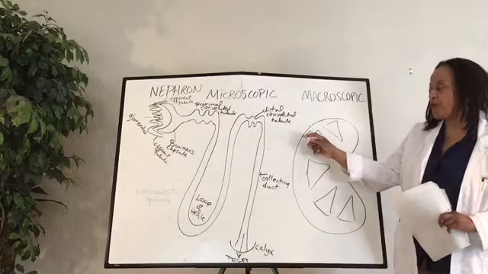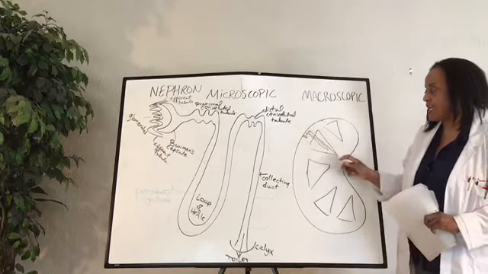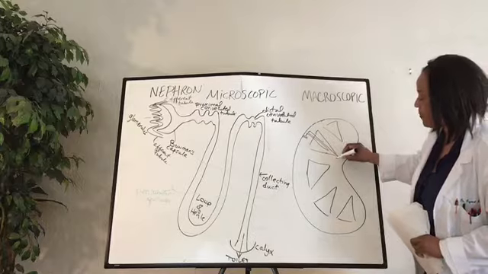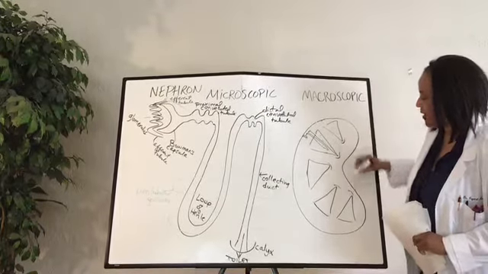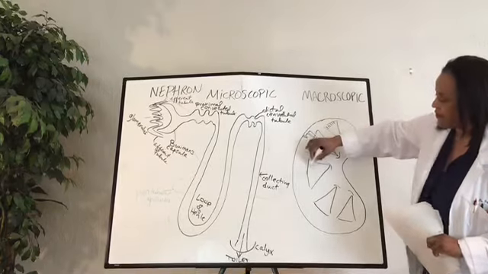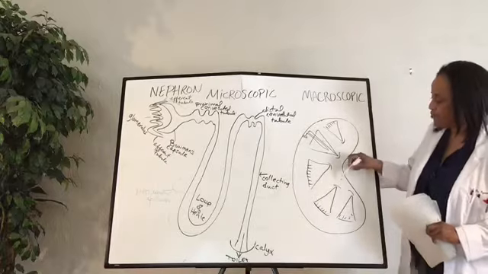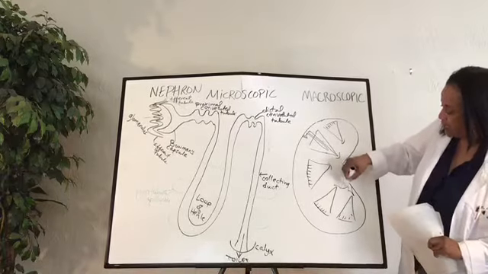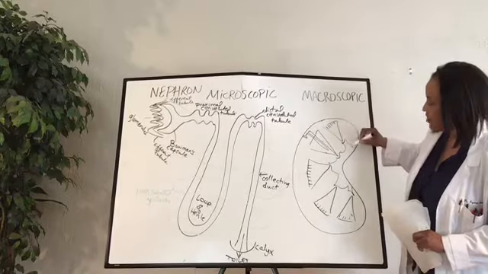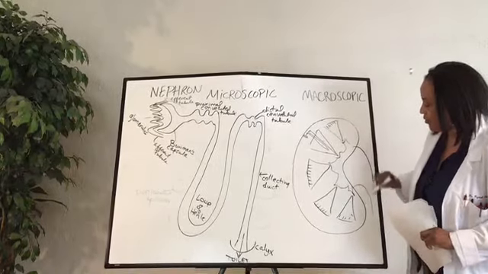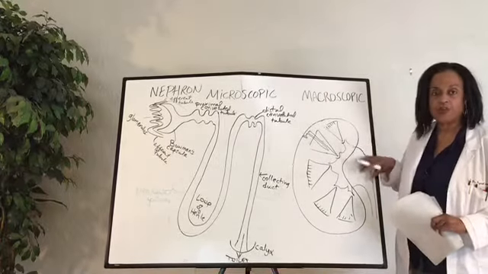Bowman's capsule, proximal convoluted tubule, loop of Henle, distal convoluted tubule, collecting duct going all the way down here. And you must remember, we have our calyces here, right? These are the bases here. And drip by drip, they will collect into the minor calyx and then into the major calyx and come on out through the ureter. As the renal pelvis narrows, it becomes the ureter.